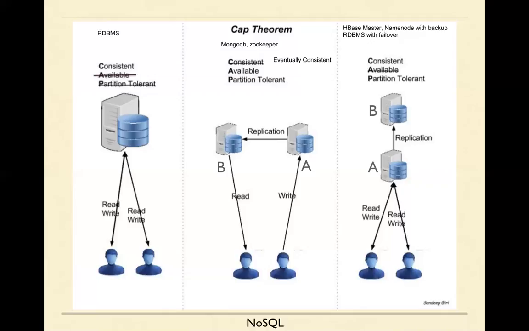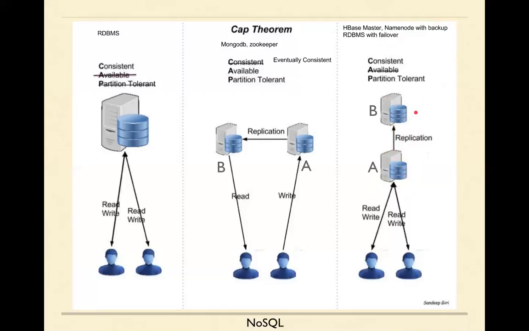Does it happen in the third model as well? Okay, so in the third model, all the reads and writes are from A, not from B. Therefore, it is consistent because everybody is reading from A, not B. B is just keeping the copy continuously. And since the user is not reading from B, people don't realize that B has older data.